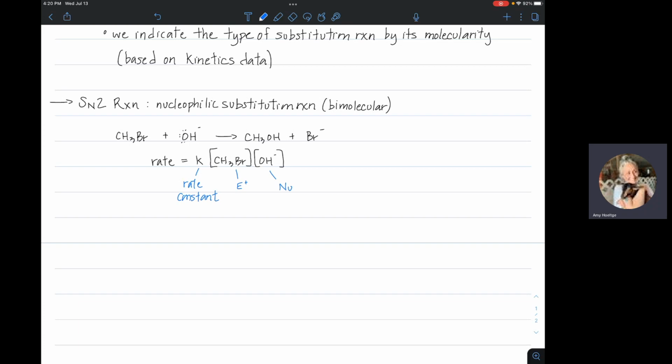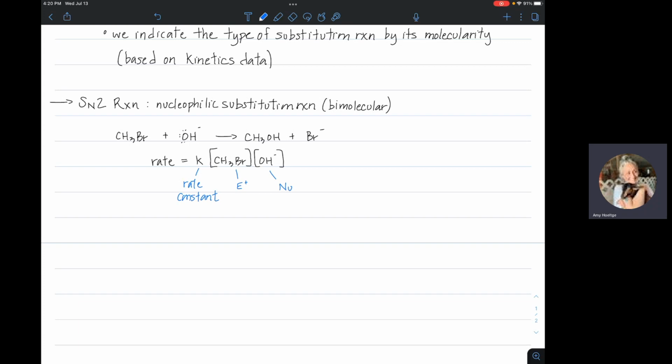The rate law, so this expression here, rate equals K times the concentration of both of your reactants, tells us which molecules are involved in the transition state of the slowest step. And if we have data that suggests which molecules are involved in the transition state, we can then design a method.